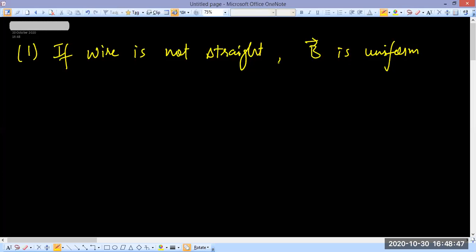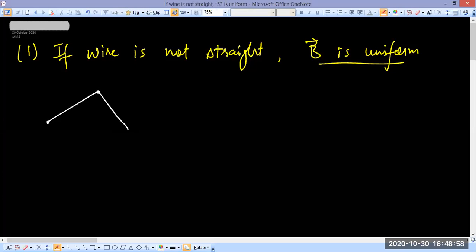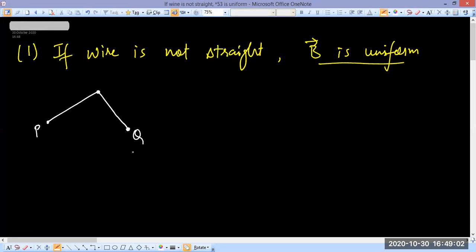First write this much: if the wire is not straight and B is uniform, so let's take an example. Suppose the wire is bent, suppose the wire is like this, right? Do you know what to do? Let's say this point is R. So what we'll do is divide this into two. Suppose current flows, we will divide it into two current elements, right?